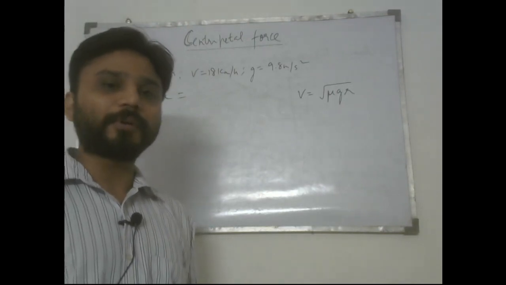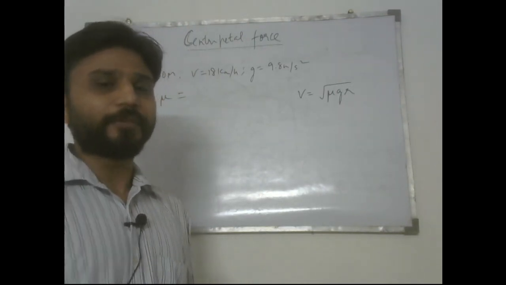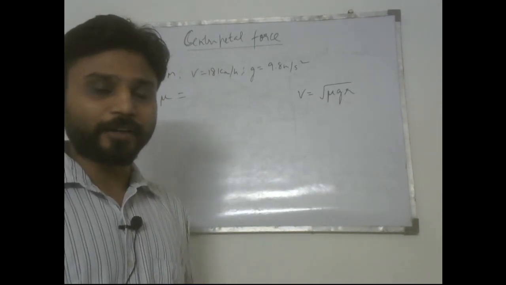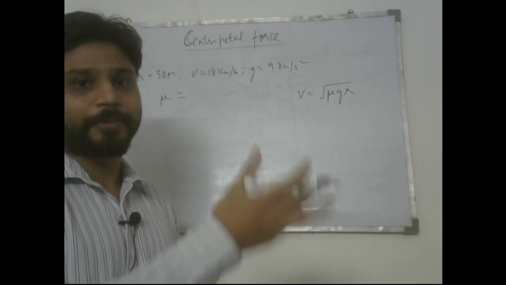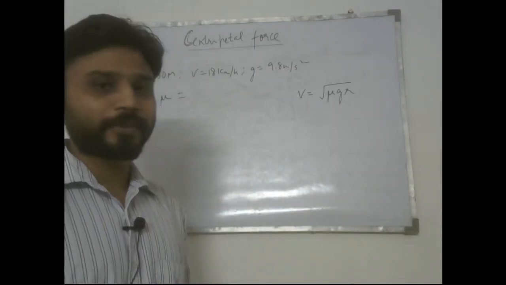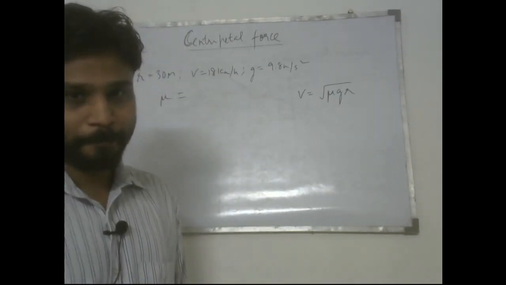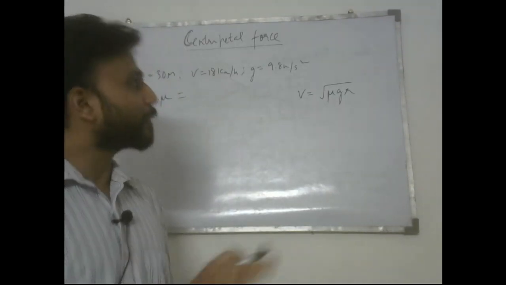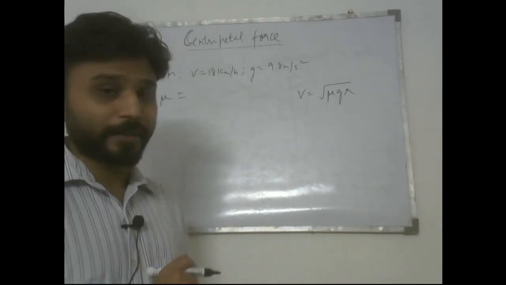Since we have already developed the situation, we have already drawn the free body diagram of the car, that is, the forces acting on the car, including the friction. We can directly use this expression and say that this is the limiting case, and in the limiting case the maximum speed of the car is reached.